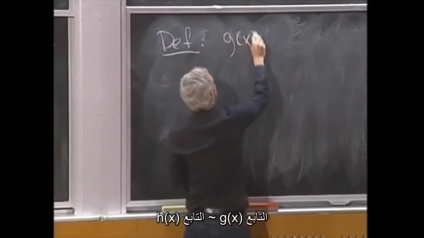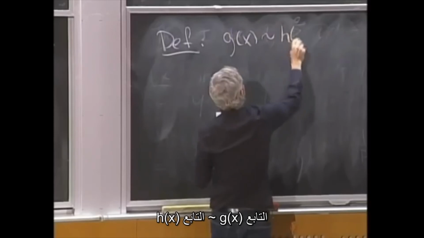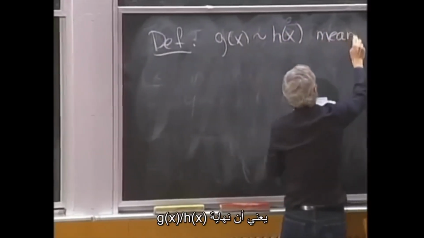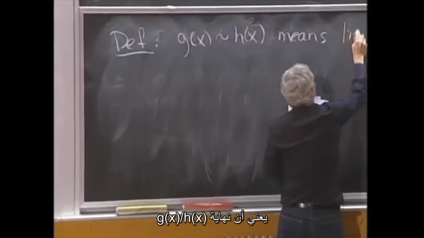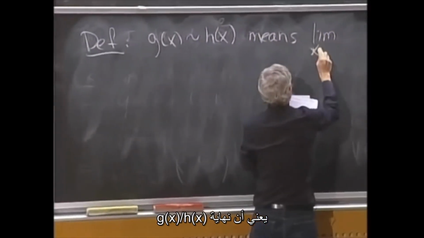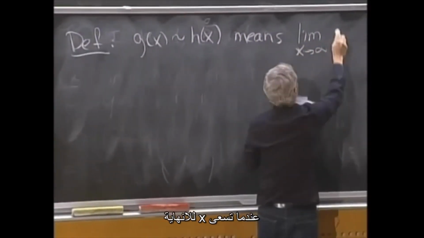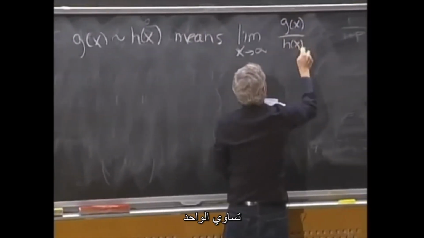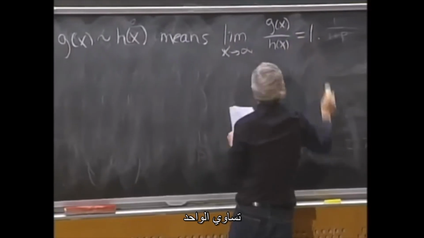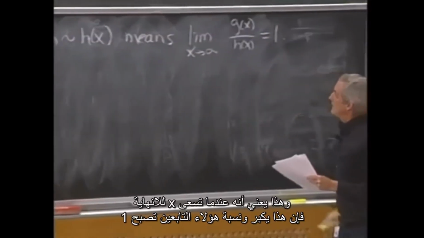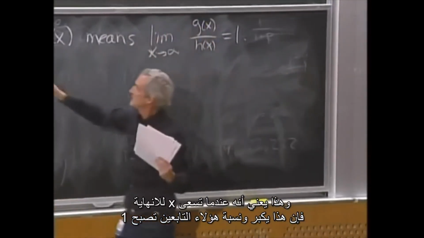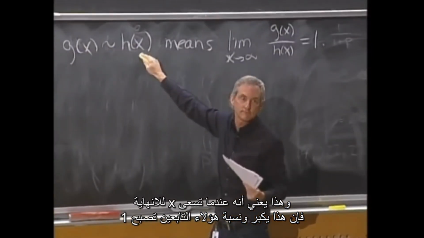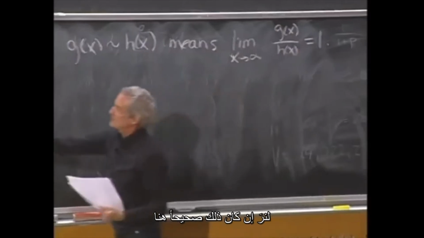A function g of x is tilde a function h of x means that the limit as x goes to infinity of g over h is 1. In other words, as x gets big, the ratio of these guys becomes 1. All right, and let's see if that's true here.